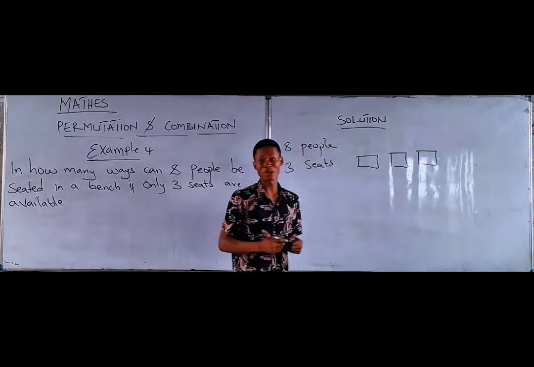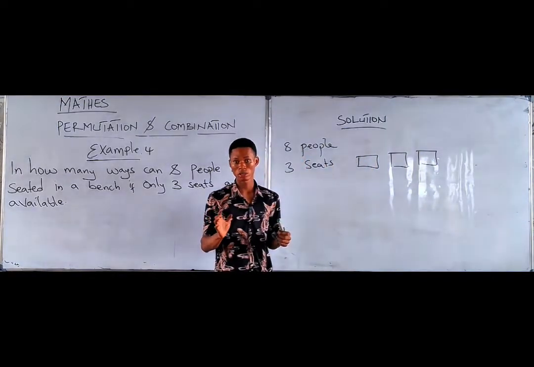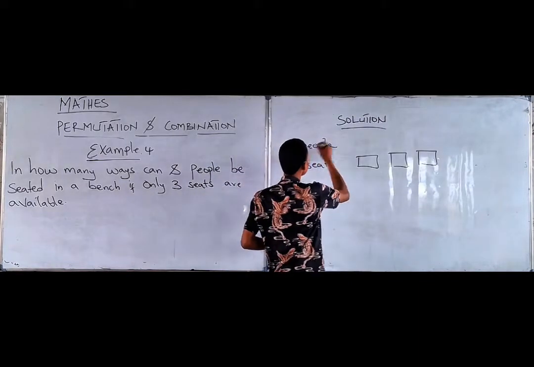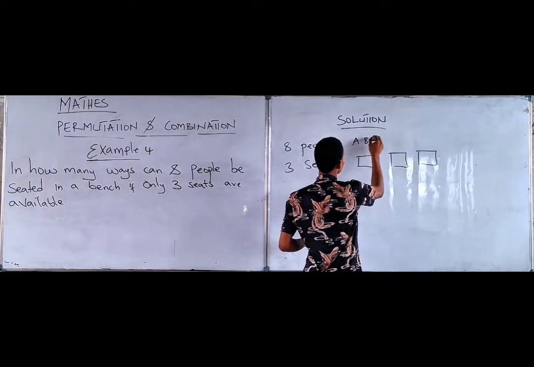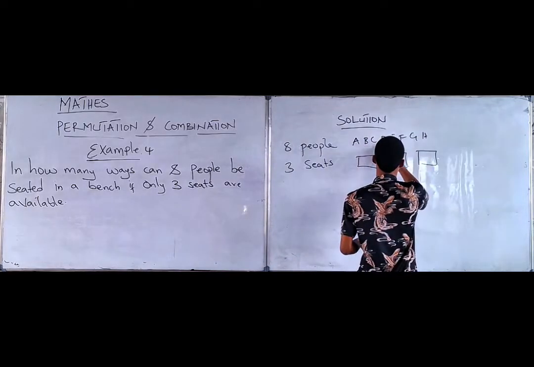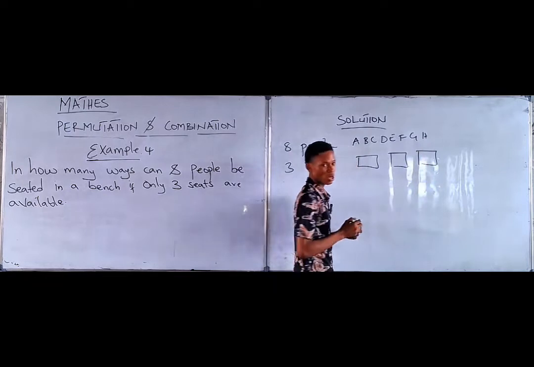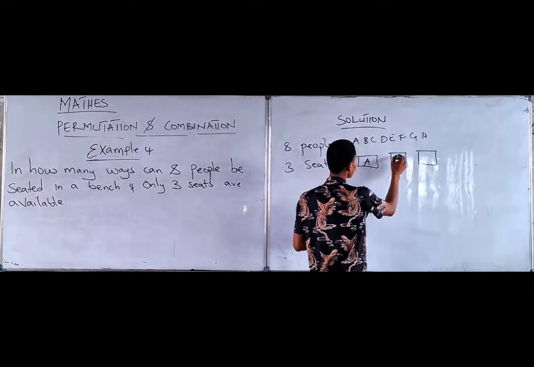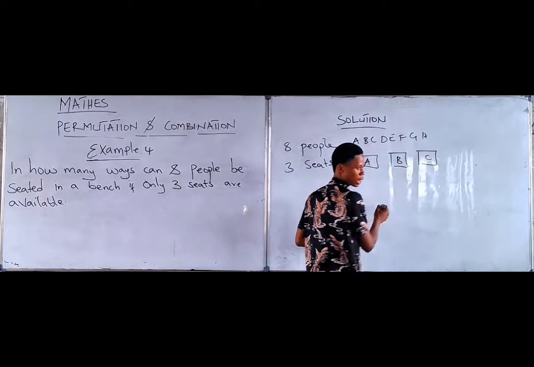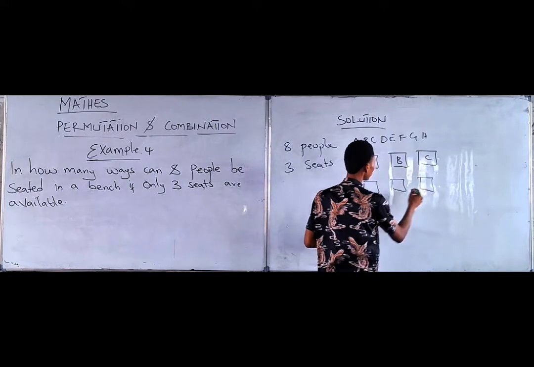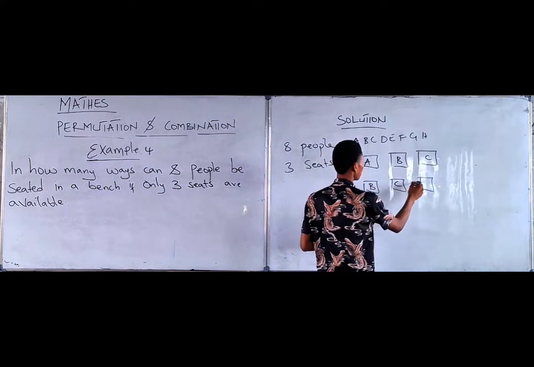It means only 3 persons can sit at a time, right? Now, if the 8 persons are A, B, C, D, E, F, G, H, or 1, 2, 3, 4, 5, 6, 7, 8, only 3 persons can sit at a time. Now, if we have something like this, A sits here, B sits here, C sits here, and we have another arrangement like this: B sits here, C sits here, A sits here.